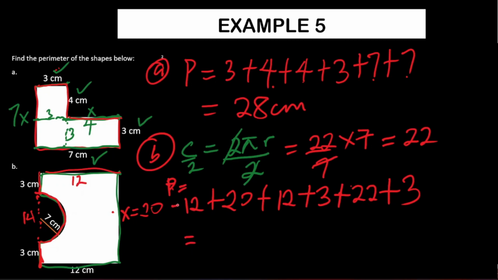That's perimeter equals 12 plus 20, that's 32. 32 plus 12, that is 44. 44 plus 22 is 66, plus 3 is 69, plus 3 is 72. So the answer is 72 centimeters. I hope this is very clear. All right, so just go through it again and you get it. You can pause the video and go back and you get it right.